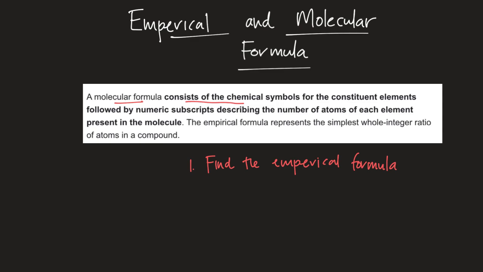Once you have the empirical formula, you need to find the molar mass of the empirical formula. I'm just using EF here, so I don't have to write it each time. You can do the same.